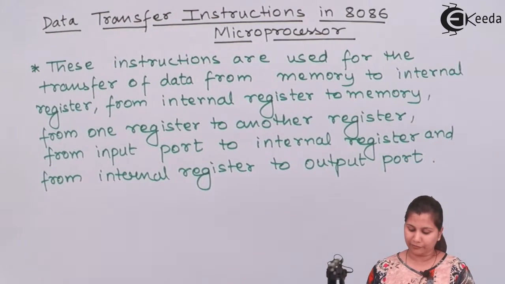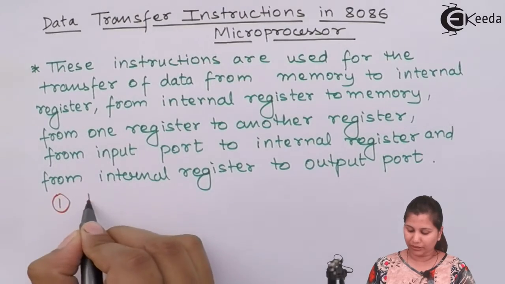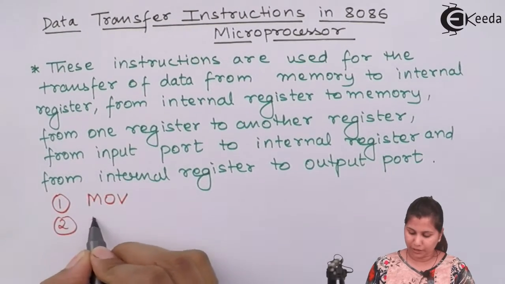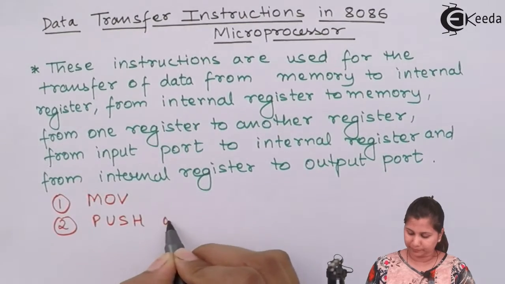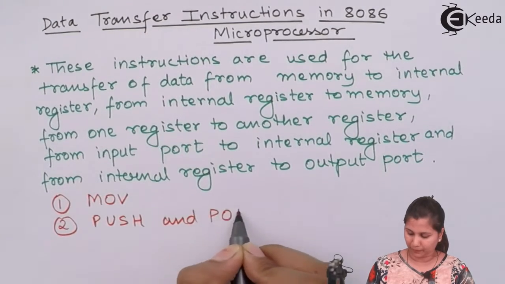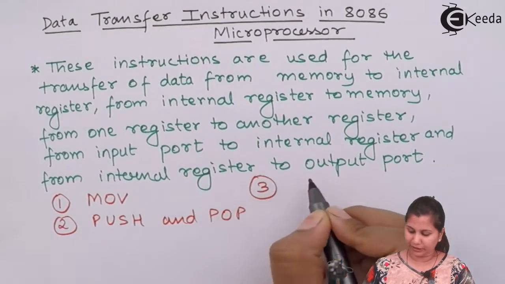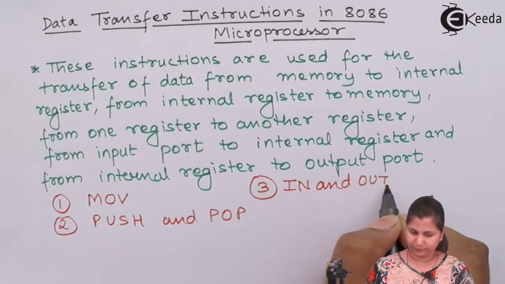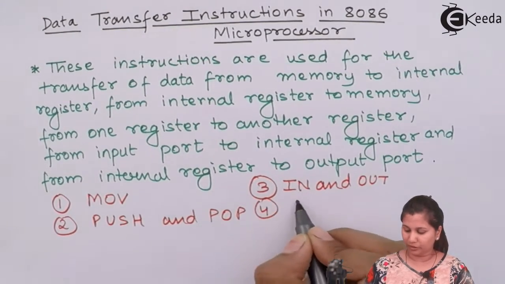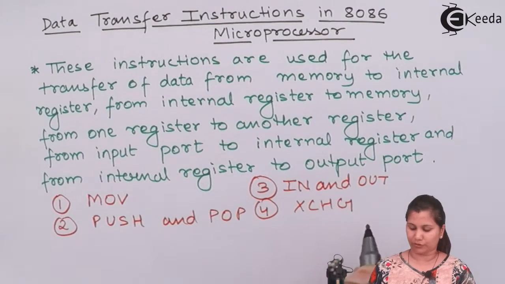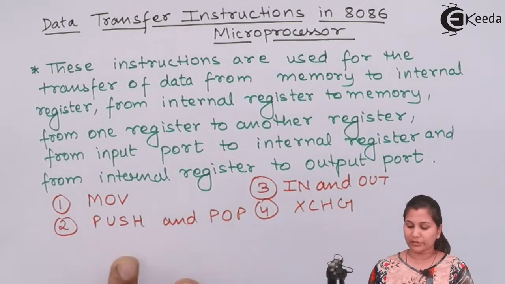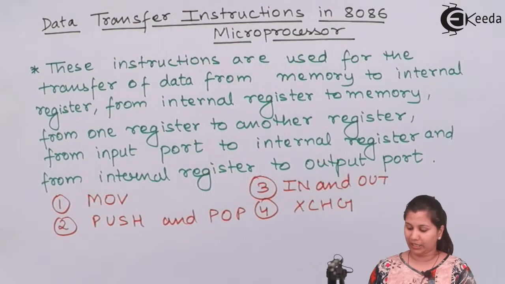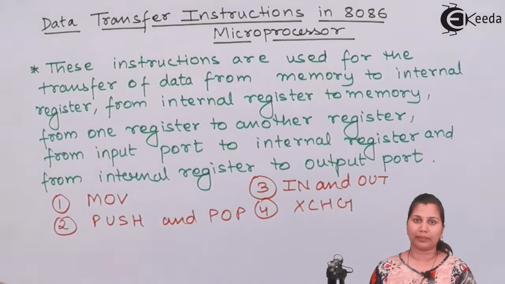First is the move instruction, second we have push and pop, third we have in and out, and fourth we have the exchange instruction. So these four instructions come under the category of data transfer instructions. Let us study these instructions one by one.